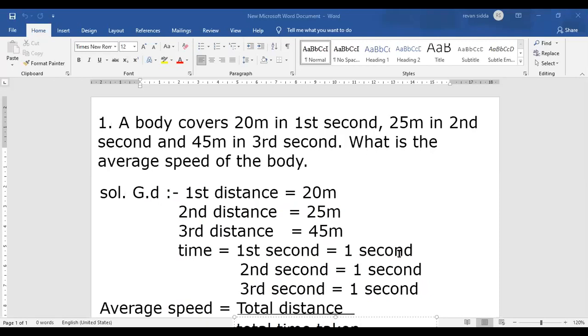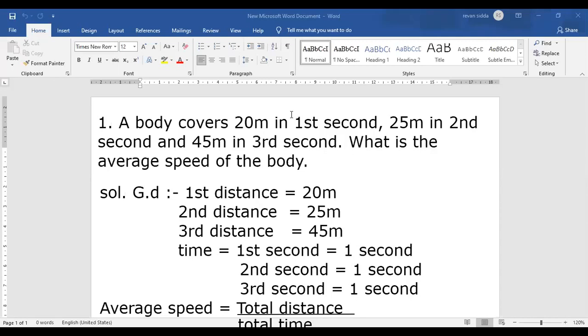Just a second, students. Okay, average speed is equal to total distance by total time taken. Now if you want you can take a screenshot. We'll proceed for the next paper, I'll explain you.